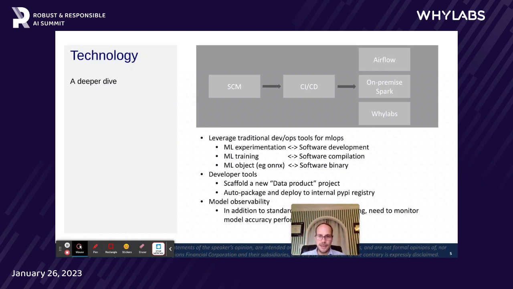That had things like automatically running unit tests, so they didn't have to worry about that. Example unit tests, so they knew where to edit and how to edit those. And in the end, it would auto package and deploy these data products into our local PyPI registry. So in the end, you could actually pip install a model and have it run anywhere that Python could run.